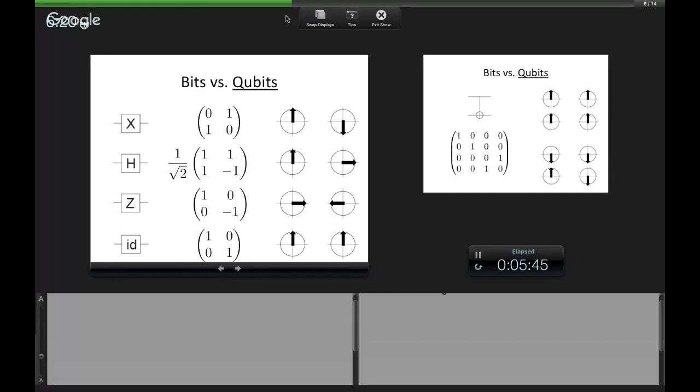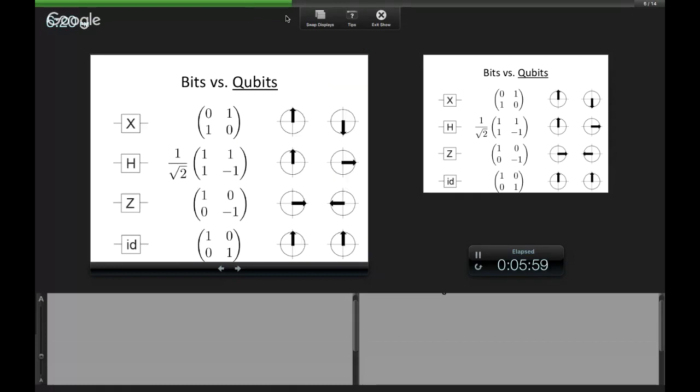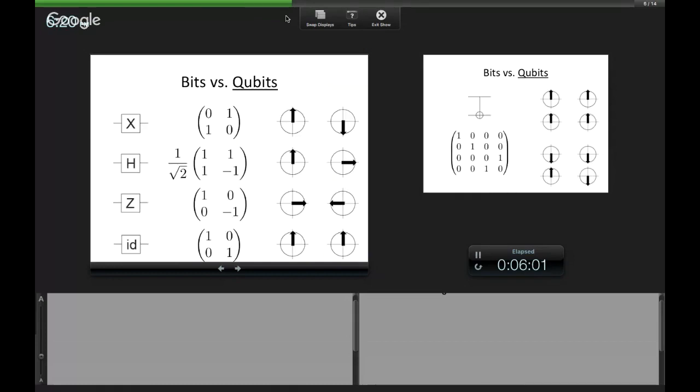And you can imagine that if your vector was pointing up towards the 0, the North Pole, the stick. Can't go too far. Thank you. So if we're starting on the North Pole, then the X flips it about the equator, so we end up at the South Pole.